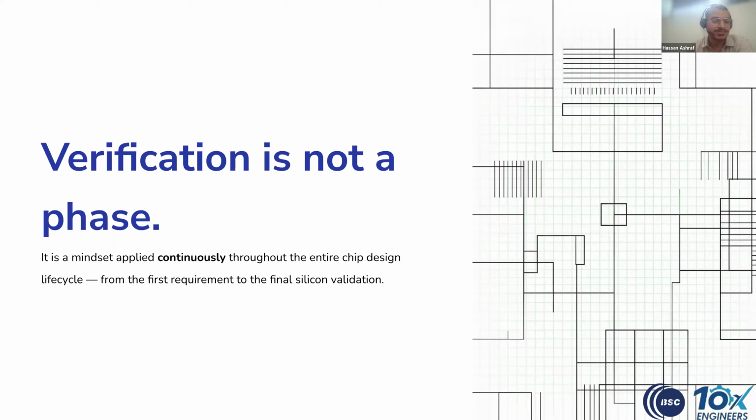The idea of verification as a mindset is a big culture shift for many design teams. So you might have heard that the verification team starts its work from phase X to phase Y. It's not that. The verification teams are busy continuously throughout the project.